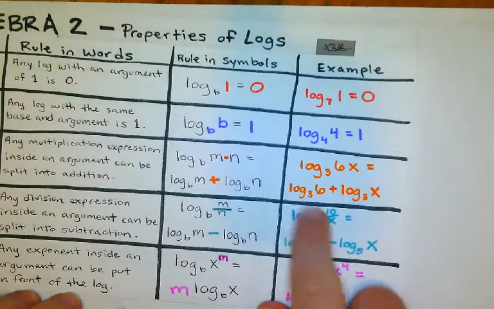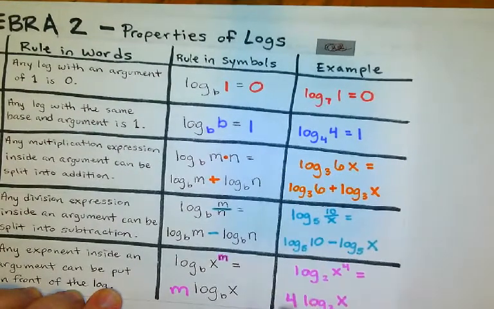The goal is to be able to use multiple of these rules at one time on the same problem, because a lot of times that'll happen. There are two ways to use properties of logs. We can expand, like what we did in our examples here. We expanded and made them longer.